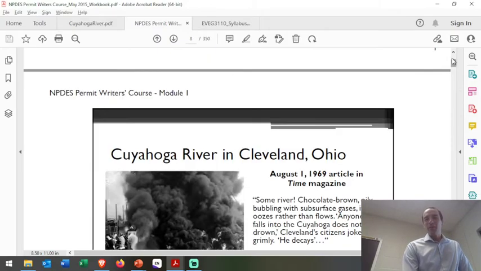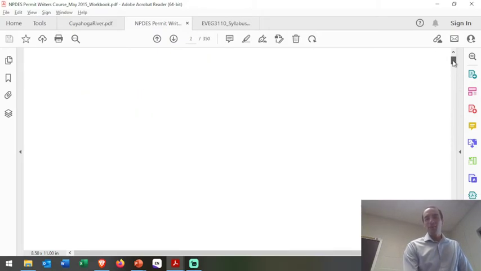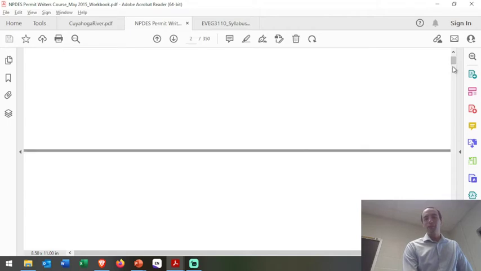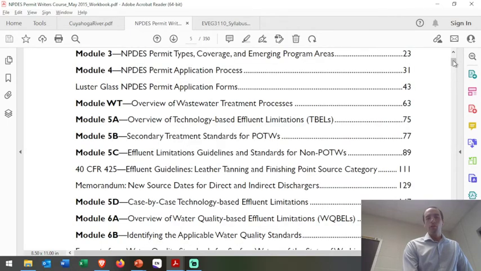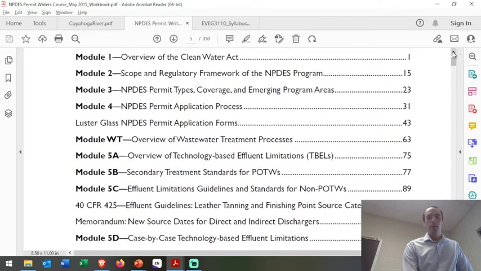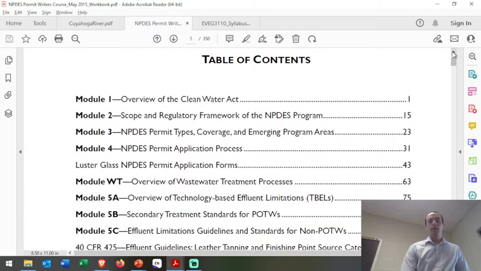Okay, but the workbook itself was pretty interesting. I think there's a lot of neat stuff I can show you here, worth going through the first couple modules. We didn't make it through all of this book, but we made it through a lot of it. What I'm going to show you is the overview of the Clean Water Act, and then probably skim through a little bit of the second module, scope and regulatory framework for the NPDES program.